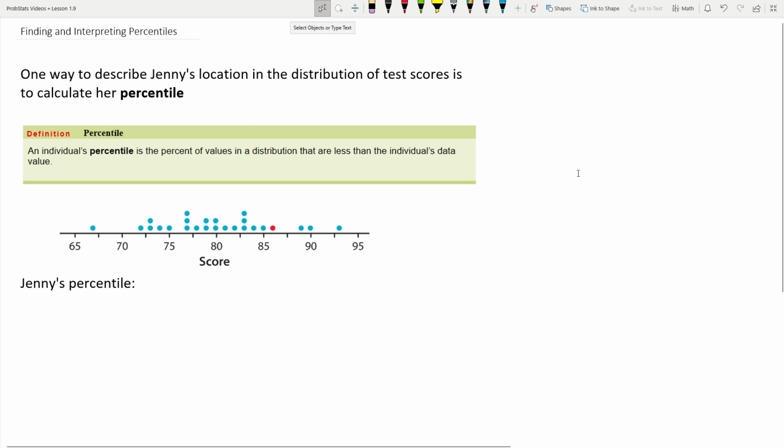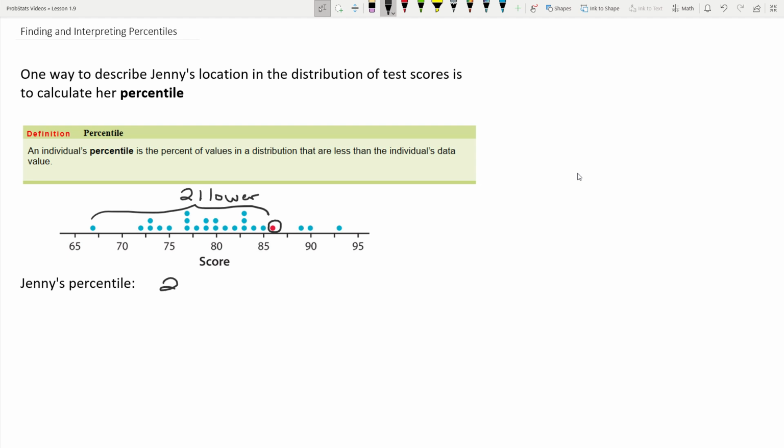All right, so let's go ahead and calculate her percentile. So if you look at her placement right here, notice that there are 21 observations here that are lower than hers. So 21 are lower. So this means we can calculate the percentile. So that means that 21 out of a total of 24 observations are lower than Jenny's score.